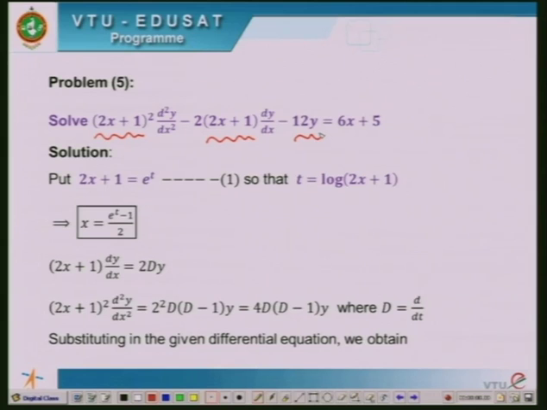This can be converted to a differential equation with constant coefficients using the substitution 2x+1 = e^t.